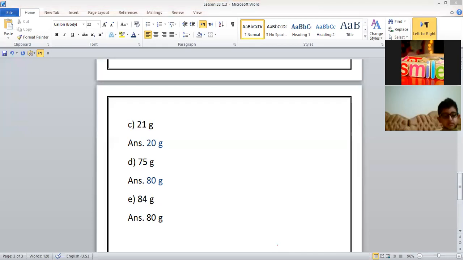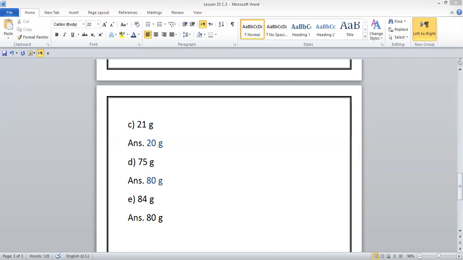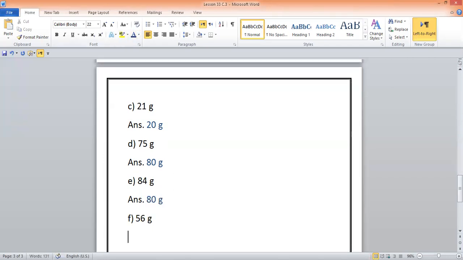So this was E, and F is 56 gram. This is F. 56 gram, rounded to the nearest 10. Very good, Iyad Khalid. Ammar Khalid, very good. Ahmad Kandil, very good. Abdul Hamid, very good.